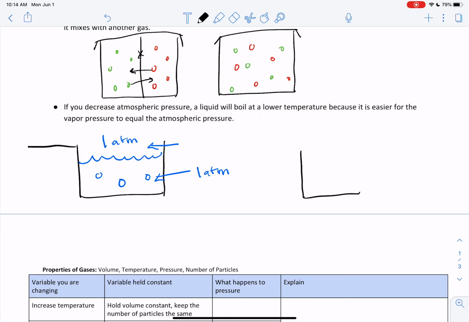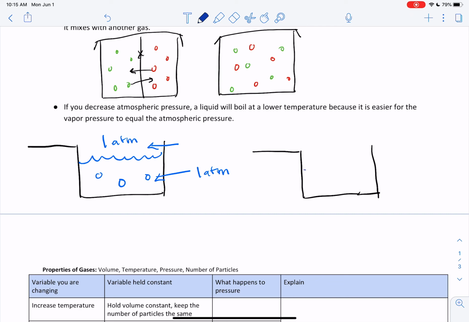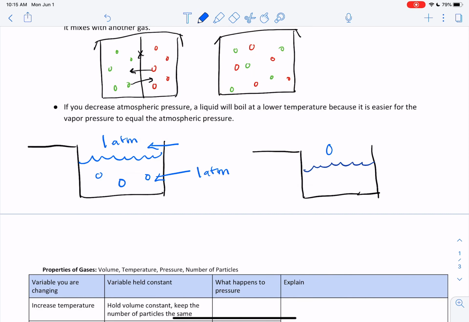But if you live on the top of a mountain, there is less air pressure. Let's say the air pressure is about 0.9 atm. Now the bubbles in your water only need to get to 0.9 atm in order for the water to boil.